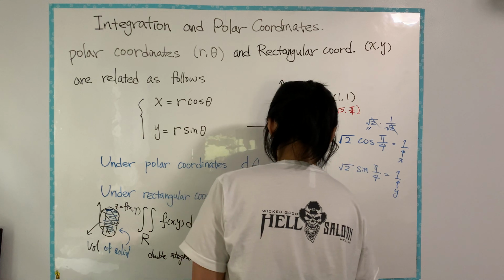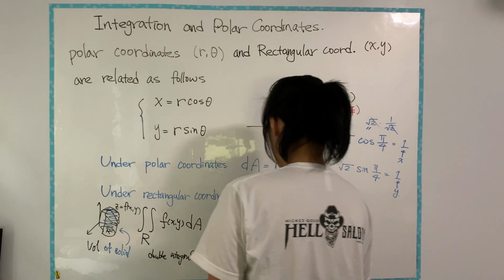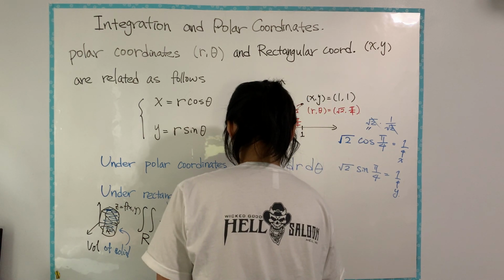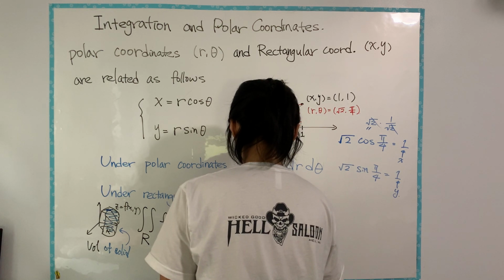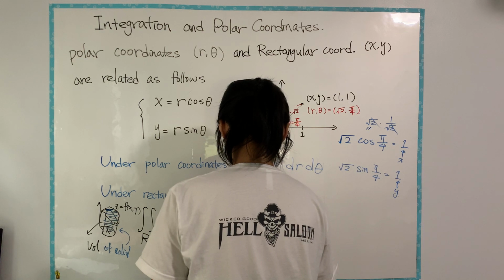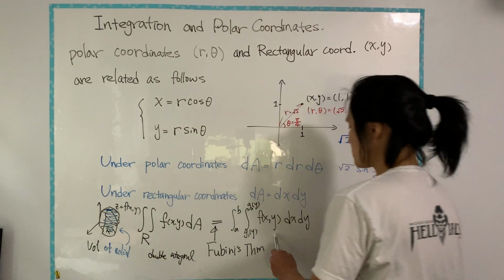So we can do dx dy, with g1 of y, g2 of y, and a to b. This is just an example.